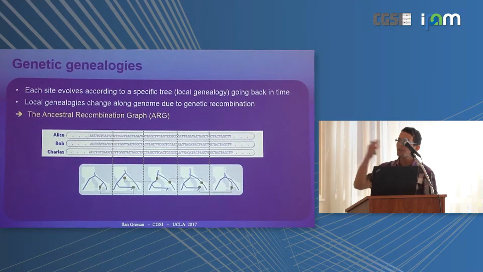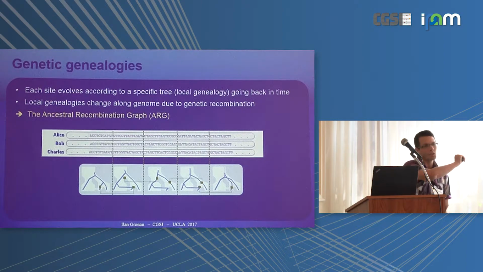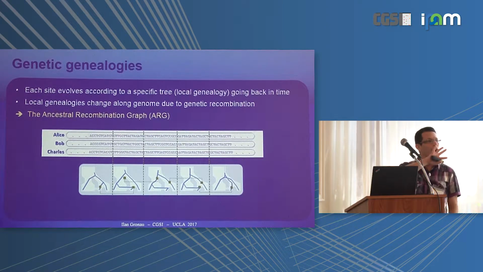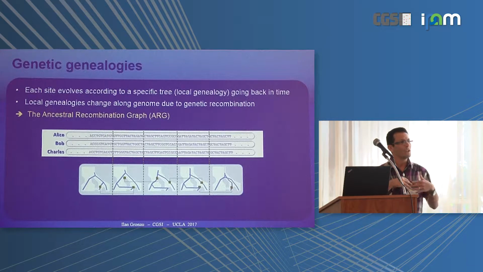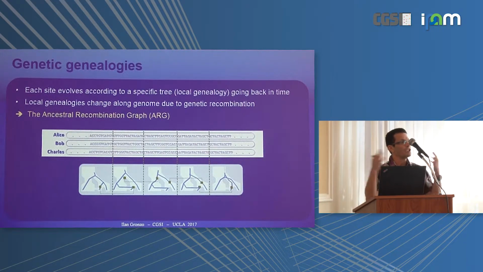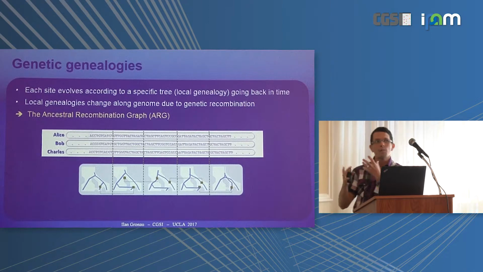So the basic idea, if you zoom out further, as you go along the genome, you have these local trees, or what I'm going to call local genealogies, that flip around, and hopefully you get a good enough characterization of the big genealogy that gives you information about population history. So the information is somehow hidden there.